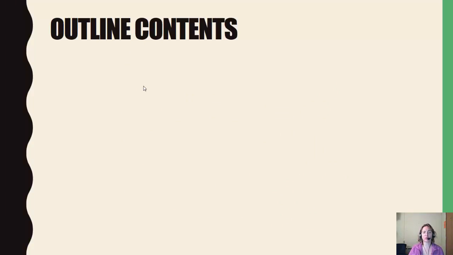So in the outline itself, the contents that you will need will be your name at the top of the outline, a title for the outline, and you don't have to get fancy with the title. If you just want to simply put ethical presentation outline, that would be just fine. Next, you'll have the type of structure and organization that you will be using.